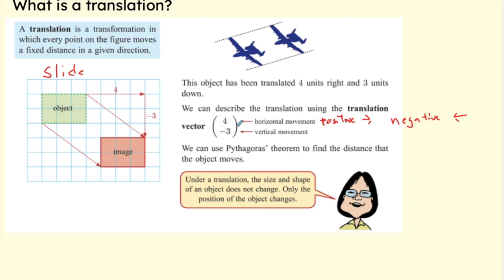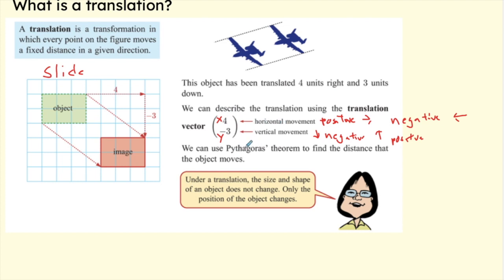I bet you can guess what our vertical one is. If it's down 3, down is negative, and up is positive. This is my x change and my y change.